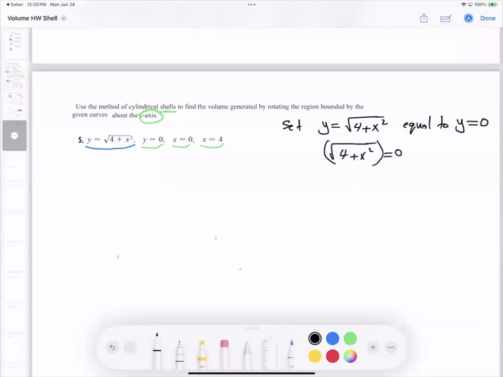You can raise both sides to the second power, but it says 4 plus x squared must be equal to 0. This doesn't have a real solution.